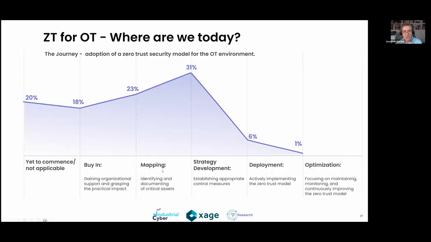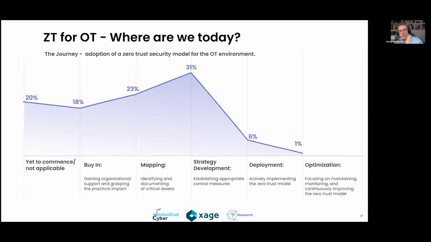The 23% are mapping out assets and critical parts of their technology and environments to understand who needs access to what, both internally, third parties, and external as well. And we see the peak of the wave is really in strategy development. Between the mapping and strategy, people are already figuring out, okay, we have all this information. We know what our critical pieces of equipment are, what's actually generating value to the organization, how we protect them. So how do we roll this out?